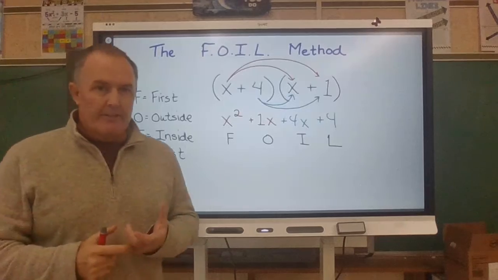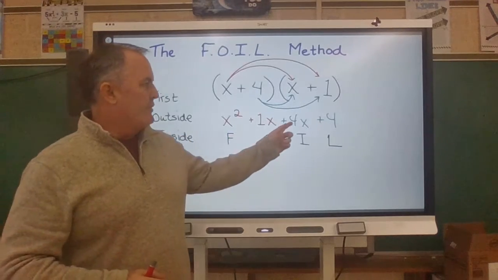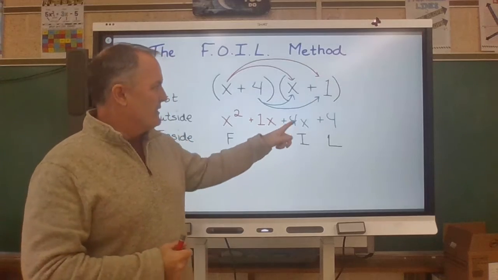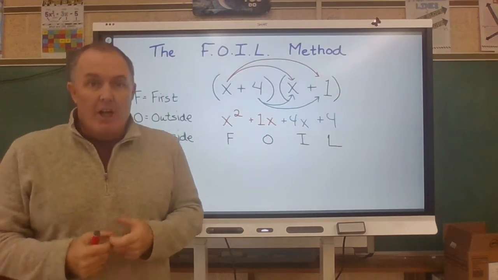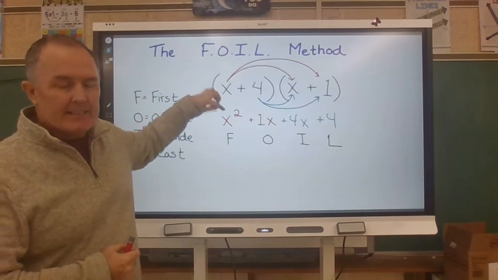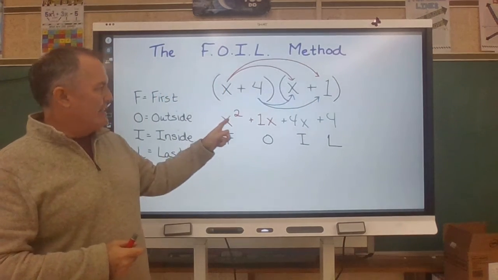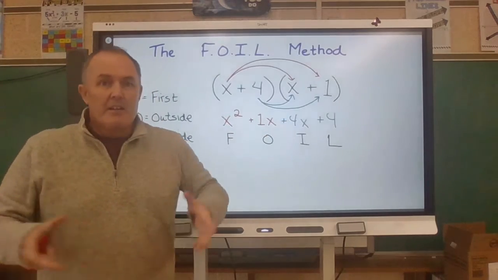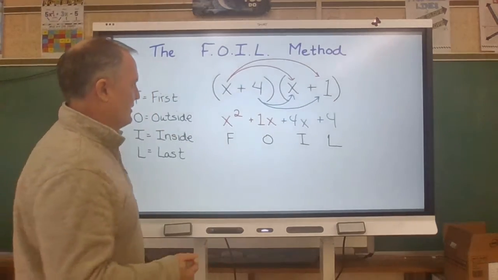Now, when we FOIL it, you notice we're going to have two terms in the middle. And we can actually combine those two terms because they both have an x after them. They're similar terms. Even though this first term has an x in it, it's not similar because it has an exponent of 2. These two x's don't have exponents, so we can combine them for being similar terms.